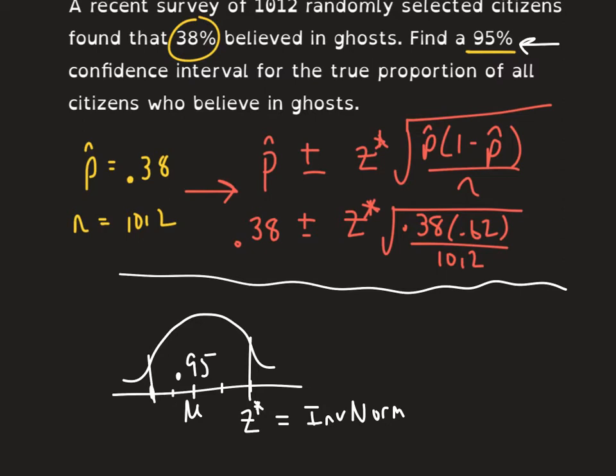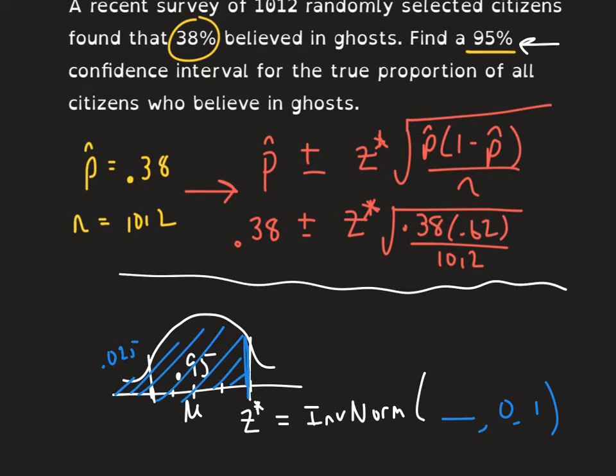But I just want to show you where it comes from once, because it is something similar to what we did before. It is just an inverse norm. Whenever you do inverse norm, you're saying how much area is beneath your value. And since it's a z-score, we're going to use a mean of 0 and a standard deviation of 1. The area beneath this value here is the 95% we have in the middle. That means there's 5% left over. So the 5% is evenly split.